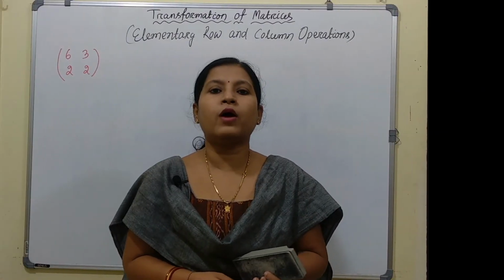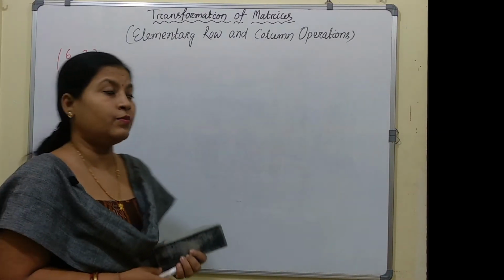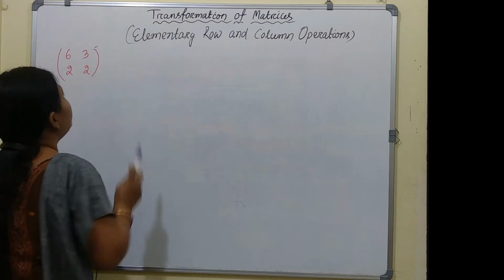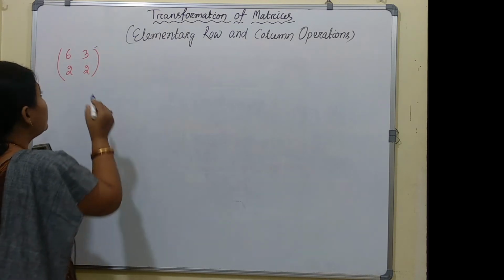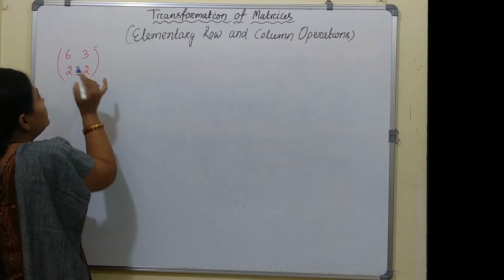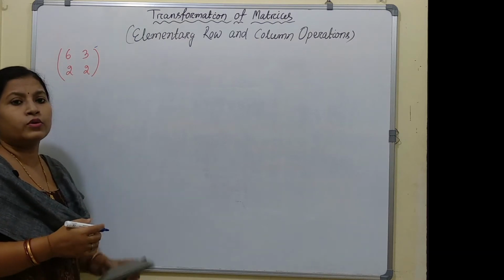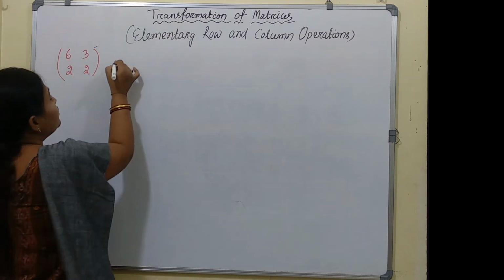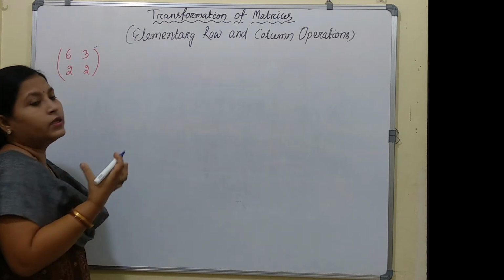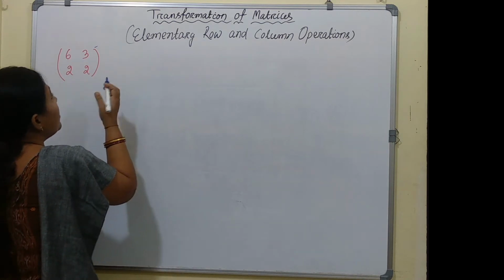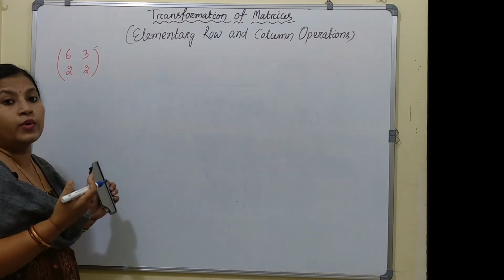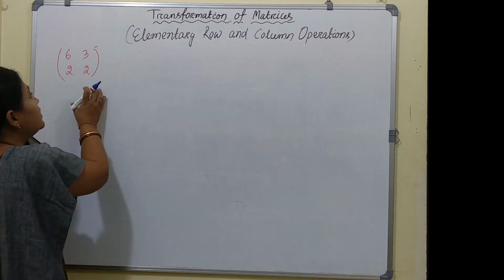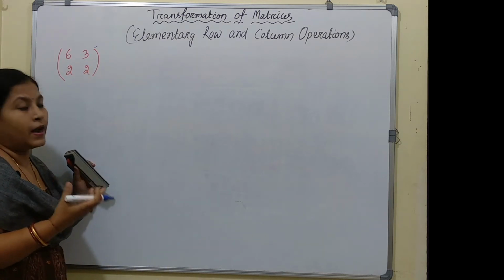Let us solve one question. Transform this matrix into a unit matrix. This is 6, 3, 2, 2, a square matrix of order 2. So we transform this matrix into a unit matrix. Applying operation 2 and operation 3, we can change it into a unit matrix.